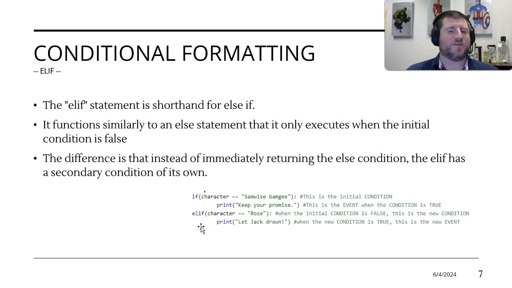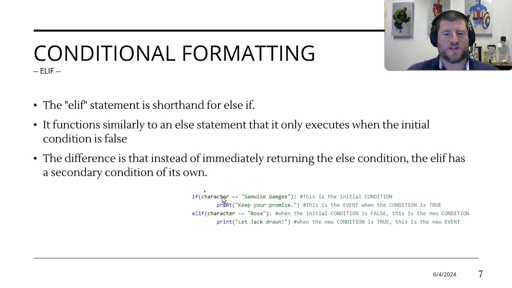Now you could have an elif for thousands of characters here to see what they would do, right? But in this instance, there's the if, the main condition, the primary event, the secondary condition, and the secondary event. So these happen in order. Python always reads from top to bottom. So it's evaluating this condition.